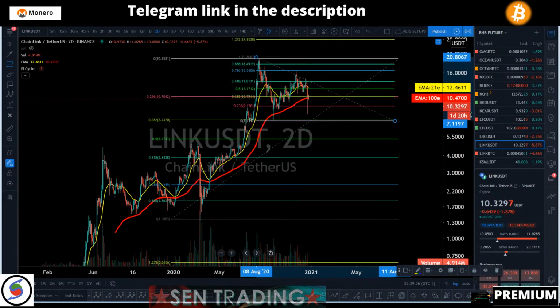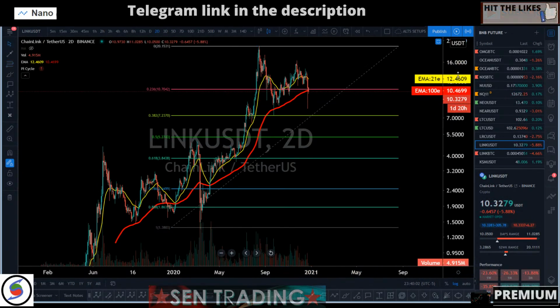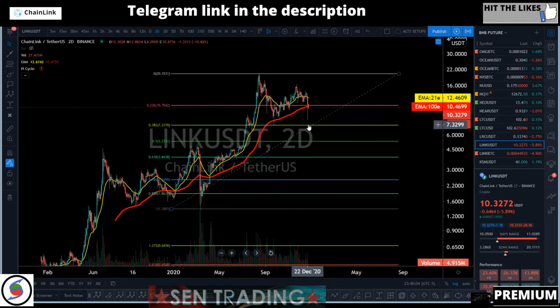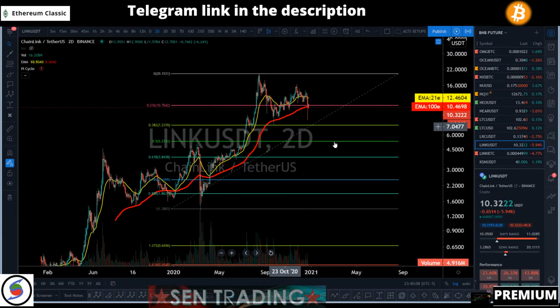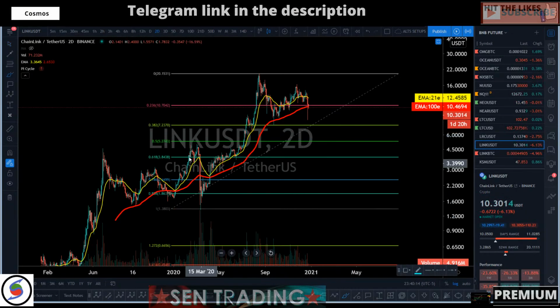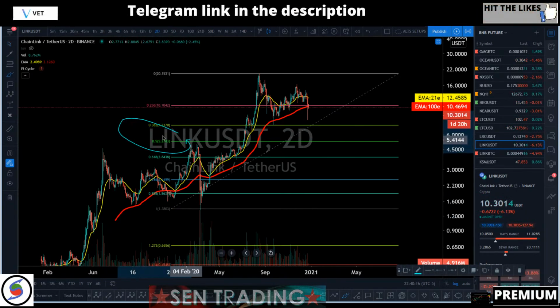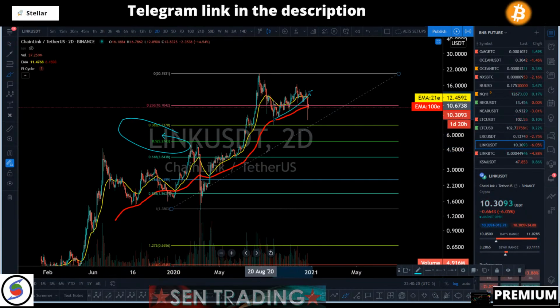As you can see, 0.786 right now. If bears decide to break $7, which is like a double bottom at 0.382, the next level is going to be $5. As we just said right here, just based on fibs.